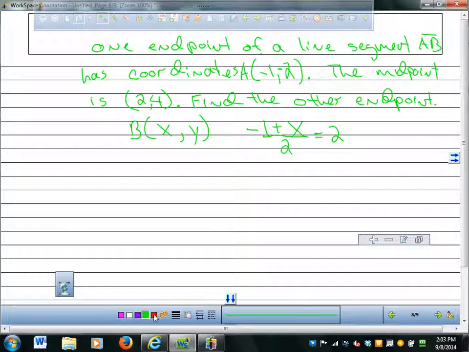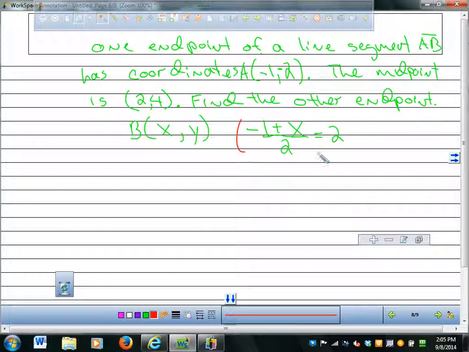To solve that, who can tell me how I solve that? On this side of the room. I'm going to pick on you. Come on, tell me how to solve that. Rachel! You multiply 2 on each side. Very good. Okay, you multiply both sides by 2.